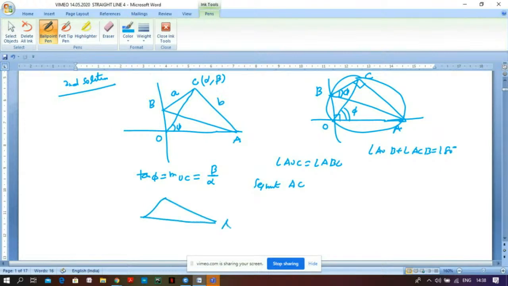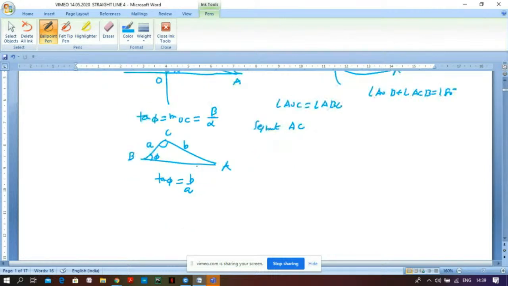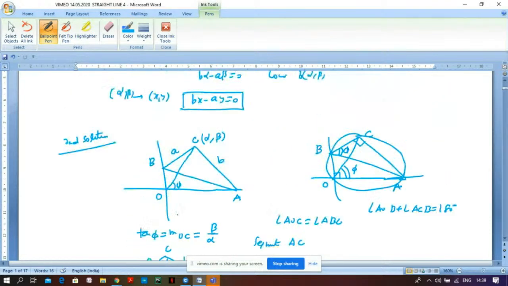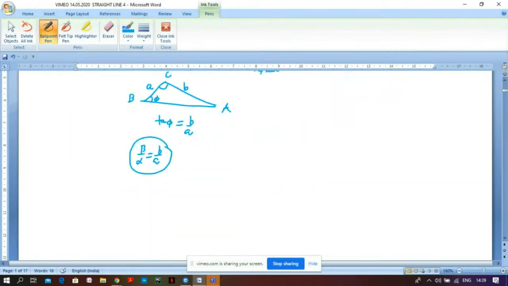So we have the triangle ACB, and this is 90, this is phi, and AC is B as usual, and BC is A. I can get an expression for tan phi from this right angle triangle, and tan phi equals B over A. If that is the case, then these two must be equal, and we get beta over alpha is B over A. That completely agrees with what we got before. So the second solution also gives the same thing.